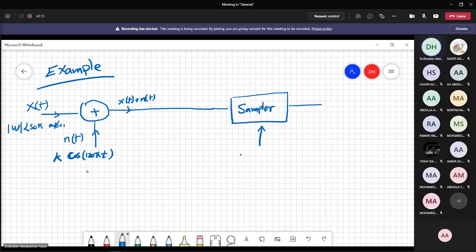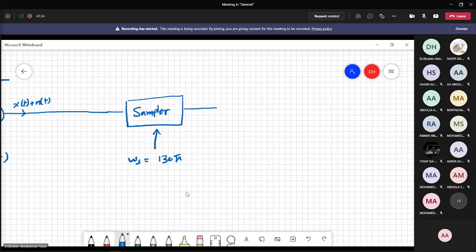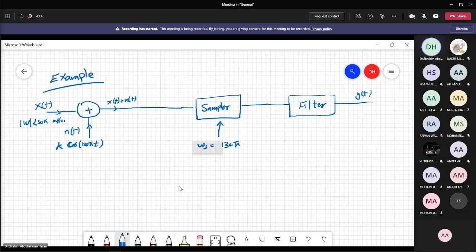With omega s here equal to 130 pi. Then let me say that here we have a filter. And here we have y of t. What do we get?